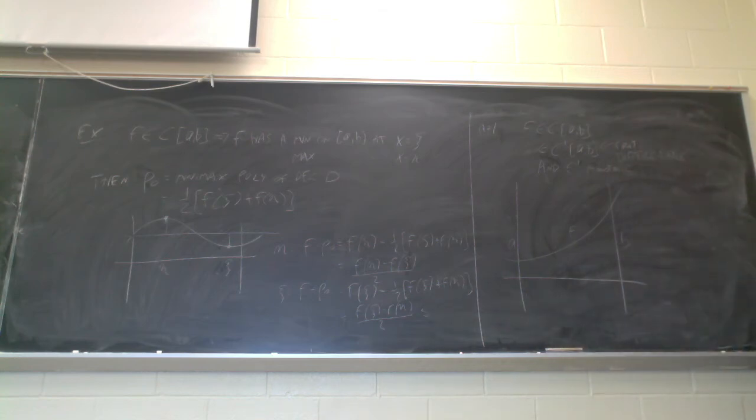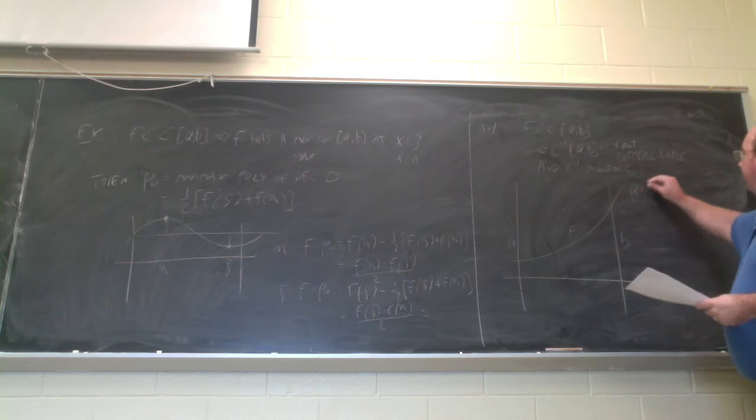Because you're looking for a minimax polynomial of degree 1, we're going to find P1. How many critical points should there be? 3. Yeah, there are going to be 3. Our polynomial P1 is going to have this form: a constant plus another constant times x.